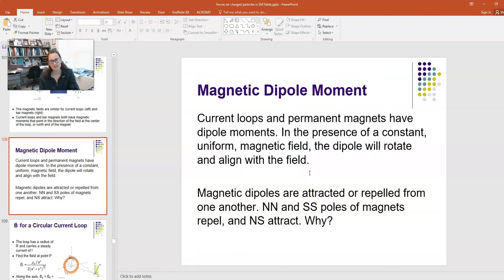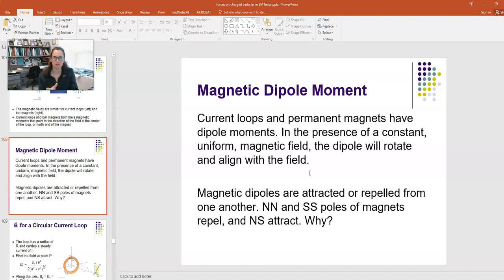Now, as discussed, both of these objects, current loops and permanent magnets, have dipole moments that cause them to want to align in the presence of an external magnetic field. If you have a constant magnetic field, for example, then your current loop will feel a torque and will want to align so that the magnetic moment points in the direction of the magnetic field.